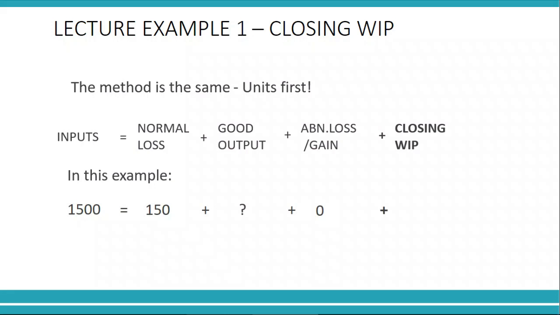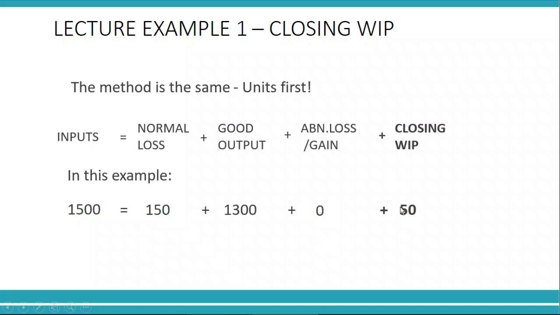In this example, we are assuming that abnormal loss or gain is 0. So you will have normal loss, good output and closing work in process. If you have 1300 good output, then 50 units are in closing work in process. If you total these three, they become 1500.